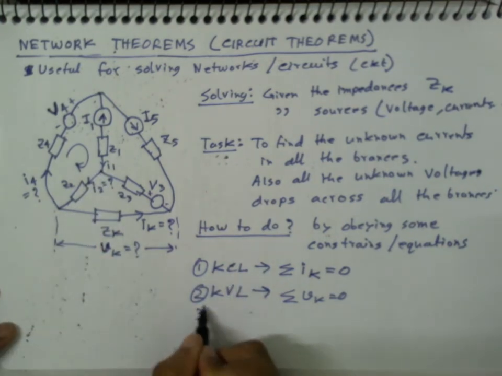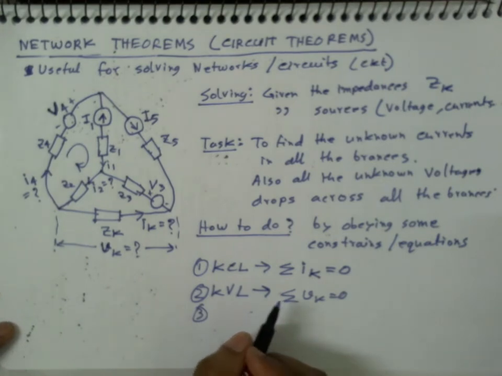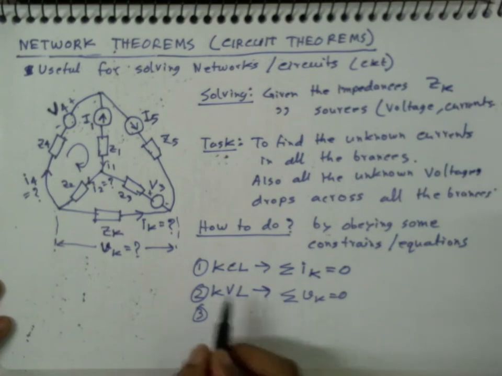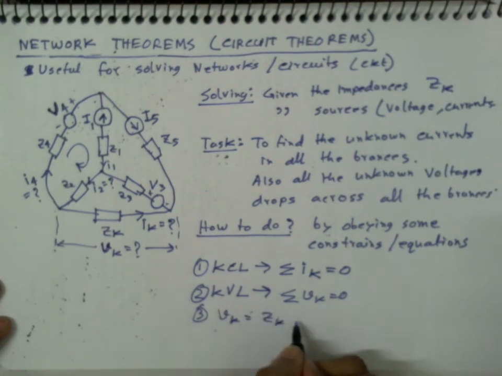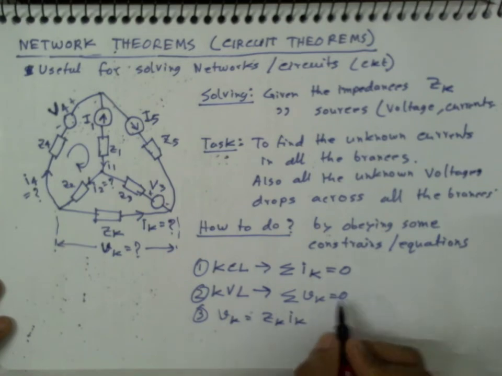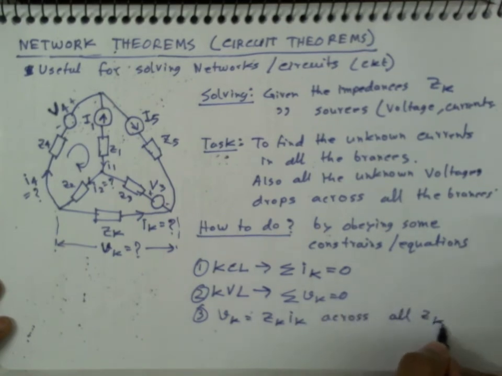What else? The third one is very obvious, and it's so obvious that we never mention it, but it is also there. This is that Vk should be Zk times Ik across all Zk.